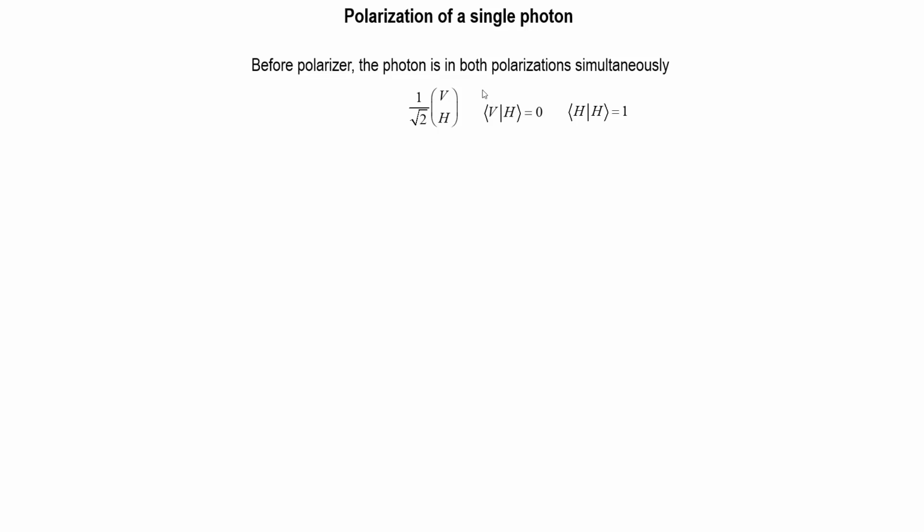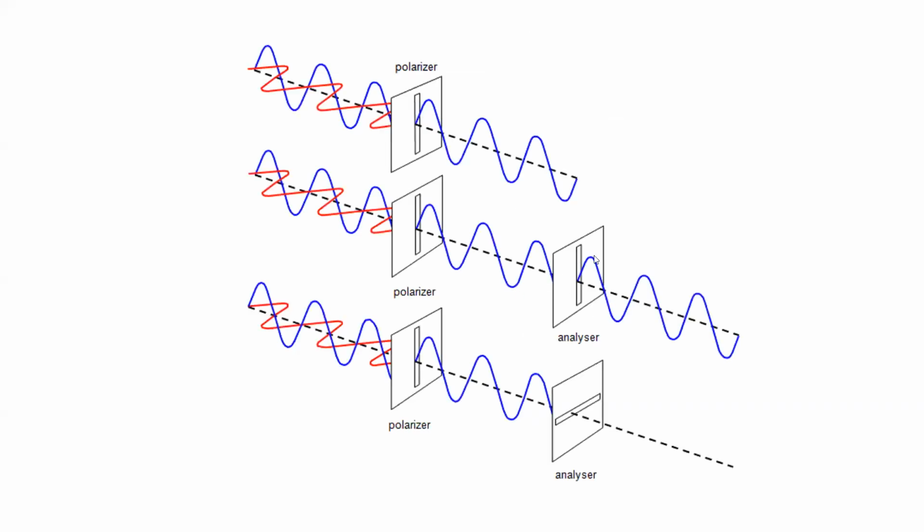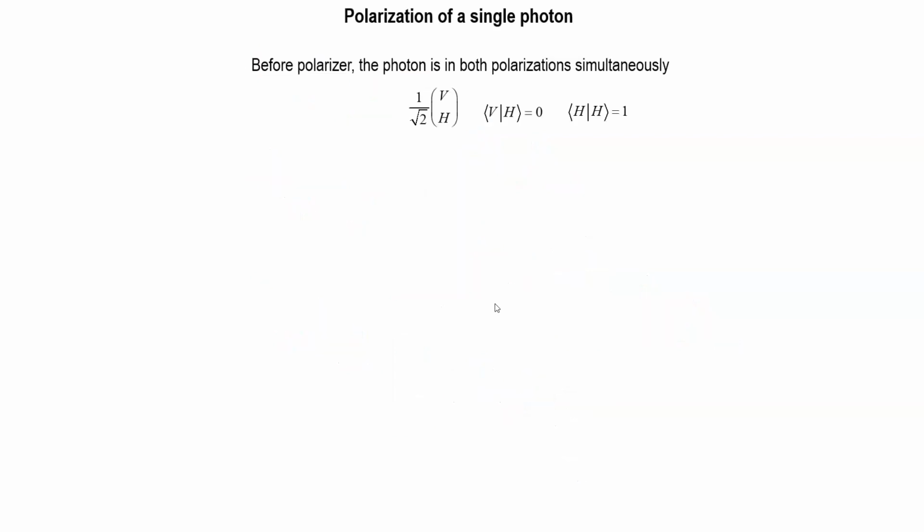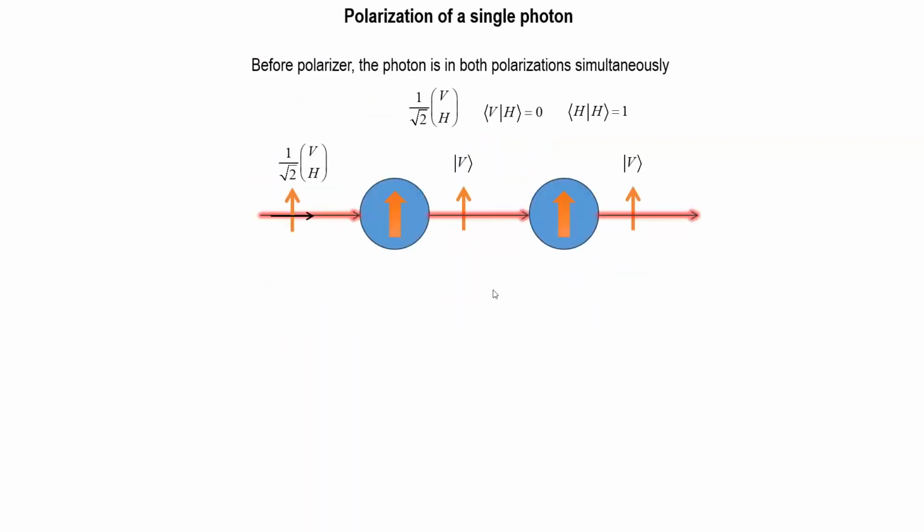If I detect the photon in the vertical state, then I cannot find it in the horizontal state if it was in the vertical state, right?